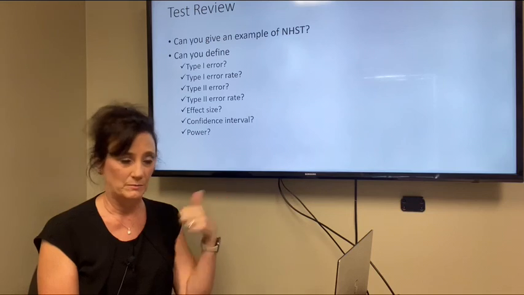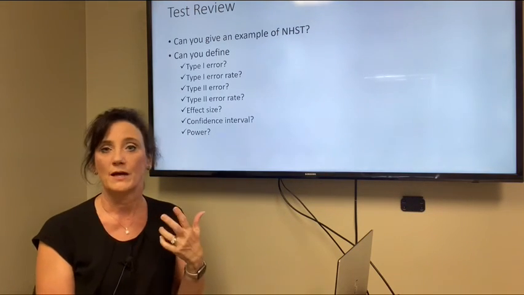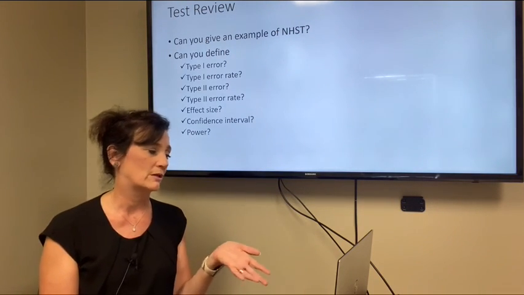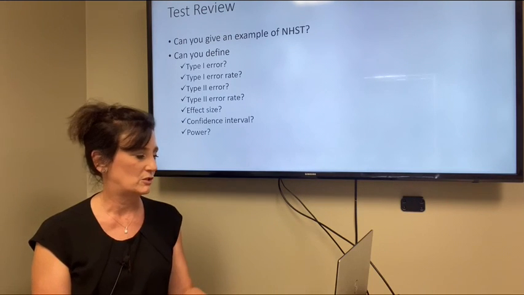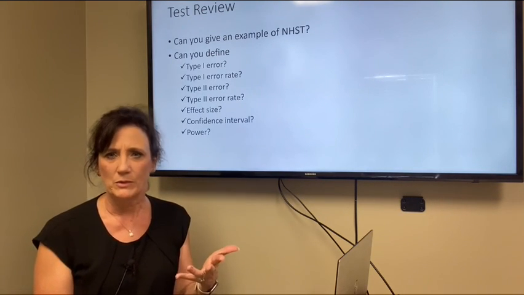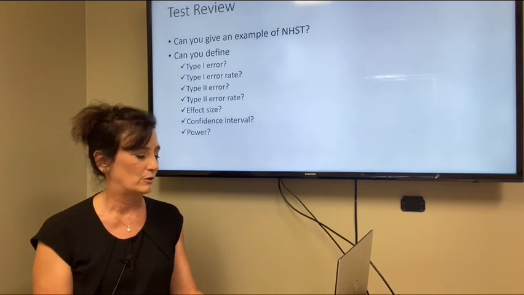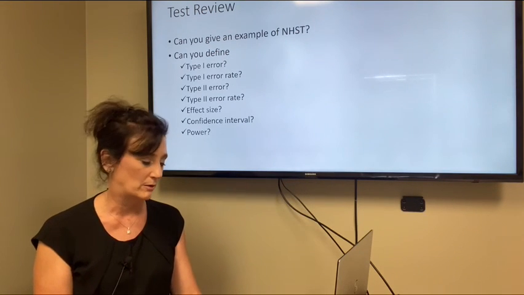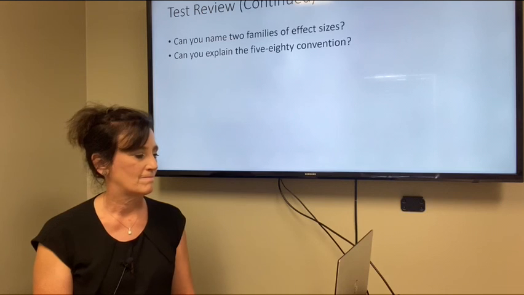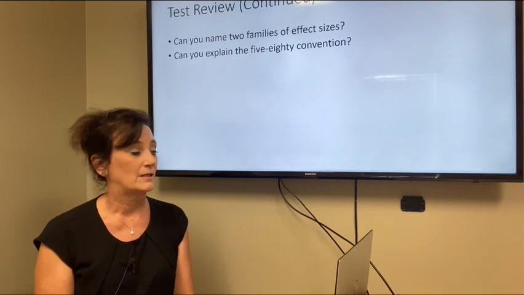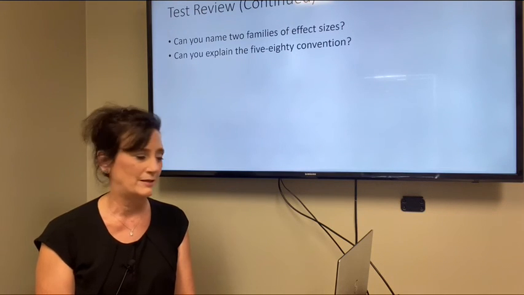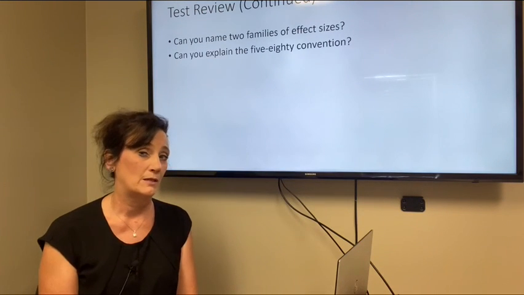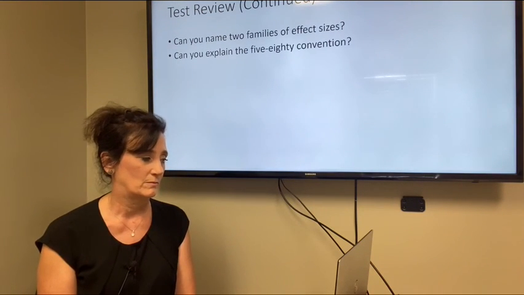You've got the slide back there with those definitions. Can you define type 2 error and type 2 error rate? Again, slide with the definitions. Can you tell me what an effect size is, or a confidence interval, or power? Can you name two families of effect sizes, D and R, right? And can you explain the 580 convention?